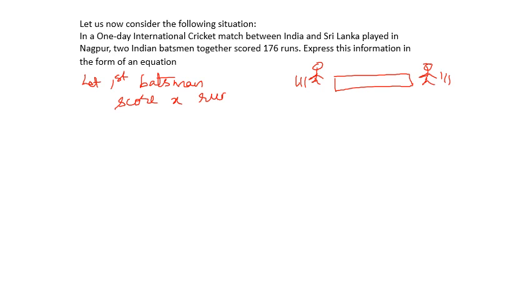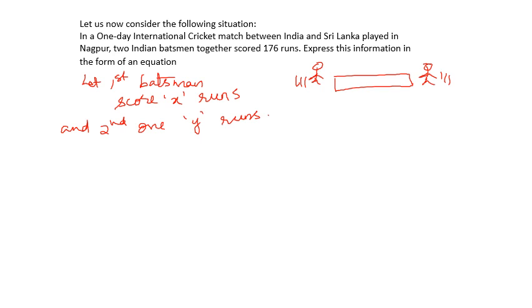We don't know how many runs, so we are putting it as X runs. The second one scores Y runs. We don't know how much the second person is getting either. But the first batsman has got X runs and the second batsman has got Y runs.